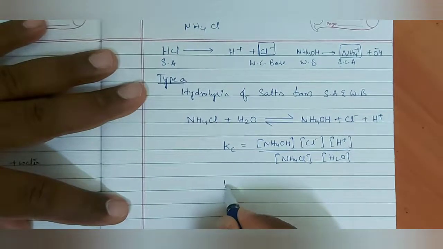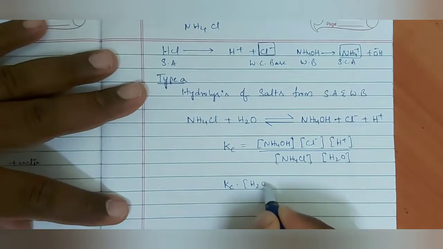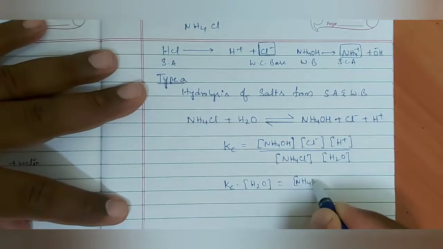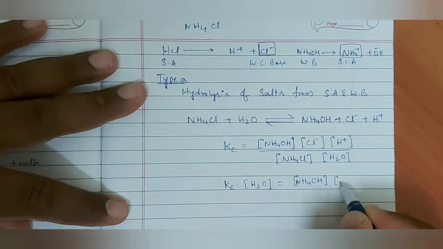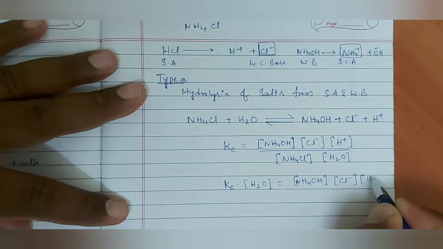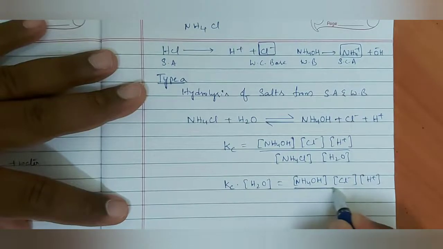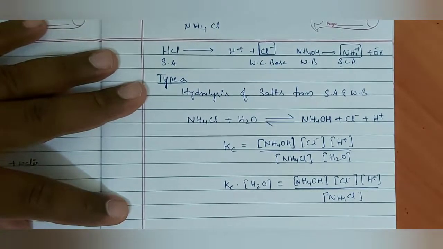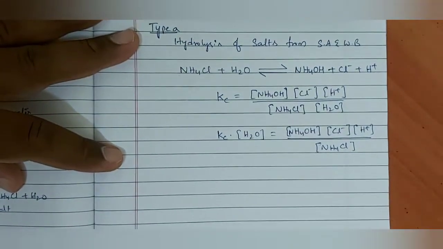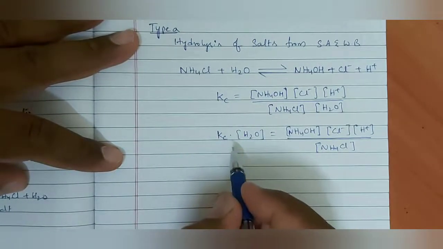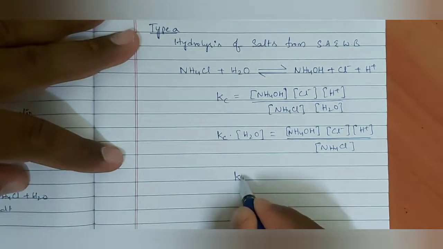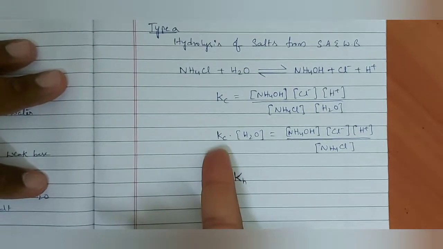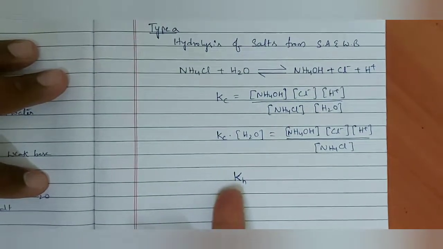You will get Kc into concentration of H2O, both are constants, is equal to concentration of NH4OH into concentration of Cl minus into concentration of H plus divided by concentration of NH4Cl. These two are multiplied to form a new constant which is called Kh. Kh is called hydrolysis constant.